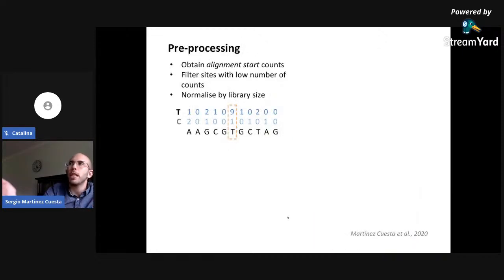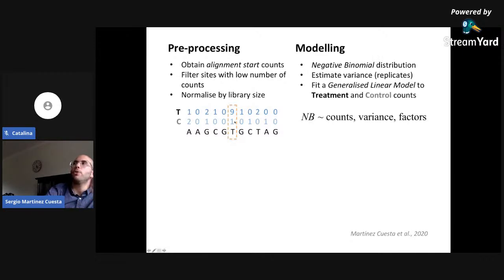So the processing works like this. You end up with essentially count data, right? You have your alignments, you count alignment start sites, and then you normalize by library size. And then you can do the modeling and scoring that is very commonly known for other count statistics such as RNA-seq or ChIP-seq.